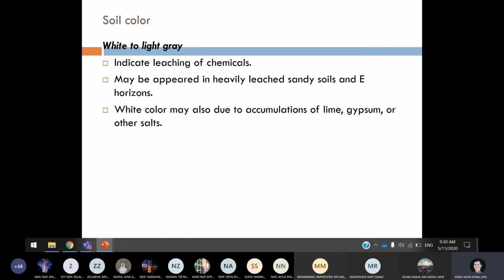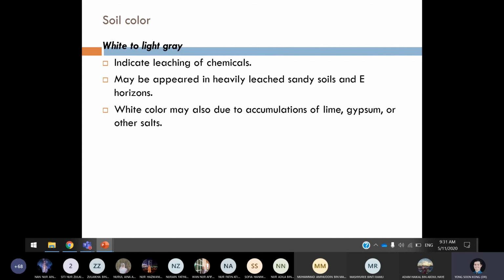But if it's totally white, that means not much impurities inside. It's purely mineral. What kind of mineral? Maybe sand, maybe silt. But even silt, you are going to see some reddish color. So it depends lah how much is the composition. Limestone also, lime here means limestone, also appears as white, like batu kapur, white colored.